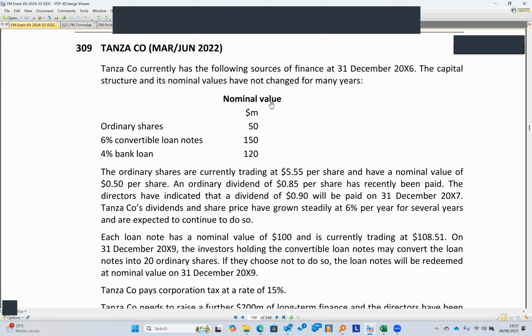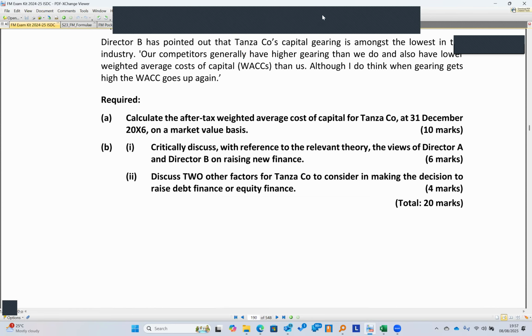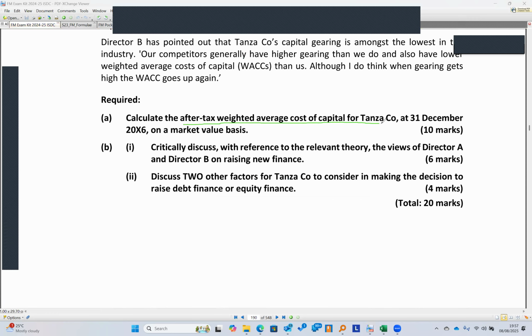So this question here, Tanza, is asking for the after-tax weighted average cost of capital, similar to what we saw yesterday. And then they want you to discuss the relevant theory, the views of Director A and Director B on raising new finance. So here we shall have to talk about the relevant theory.